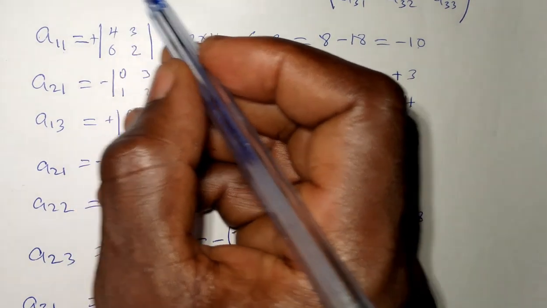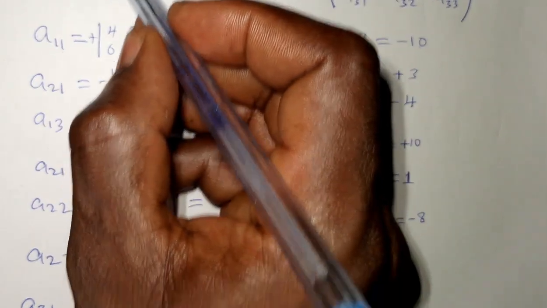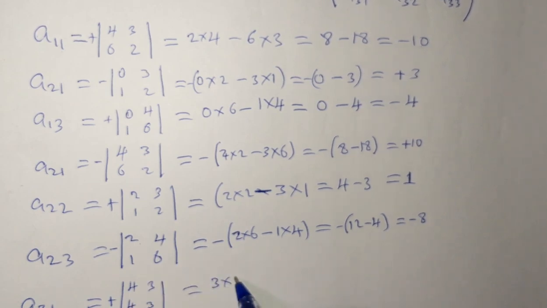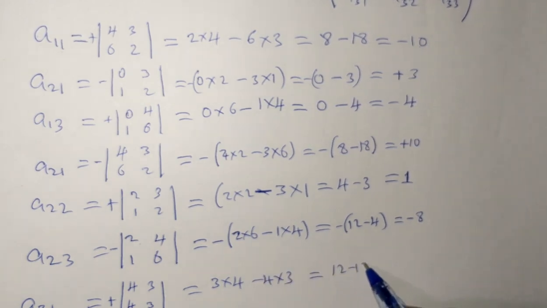We'll kick out this row and this column. We are left with 4433. This will be 3 times 4 minus 4 times 3, which is the same thing as 12 minus 12, and then we have this to be 0.